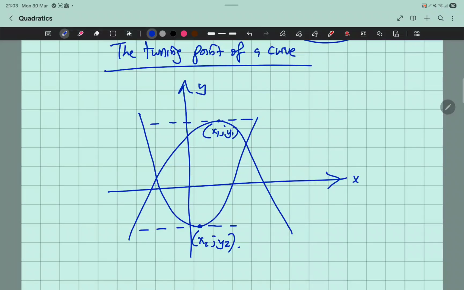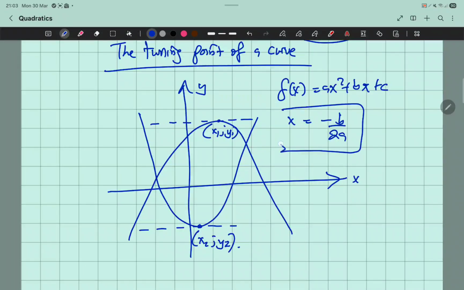Right, so how do we find the coordinates of a turning point? So f of x is equal to ax squared plus bx plus c. The x coordinate is found by negative b over 2a.